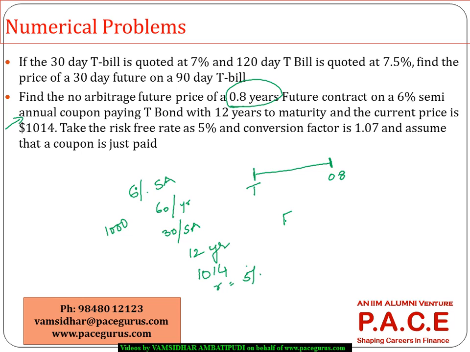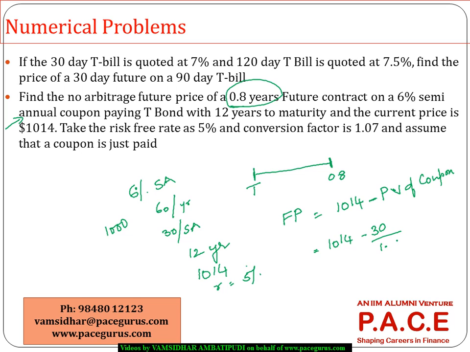If we look at it, the regular futures price is the present value. You could understand the difference now. I'll take the numerical. The regular pricing is 1014 minus the present value of the coupon. Now the coupon was just now paid. So 1014 minus what is the coupon? 30, which is going to come after 6 months.